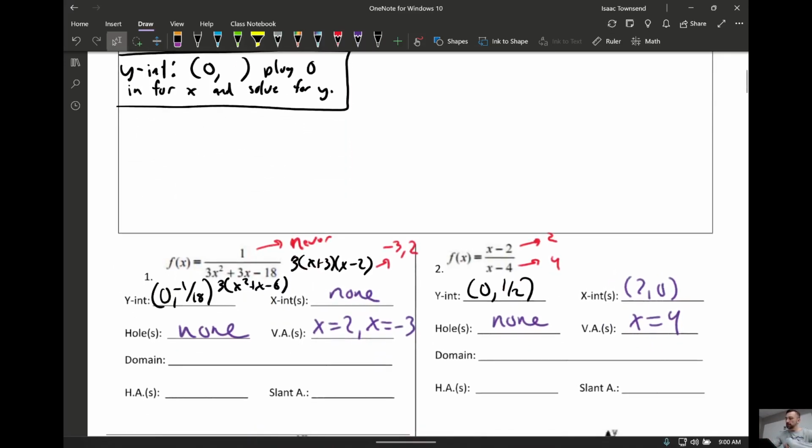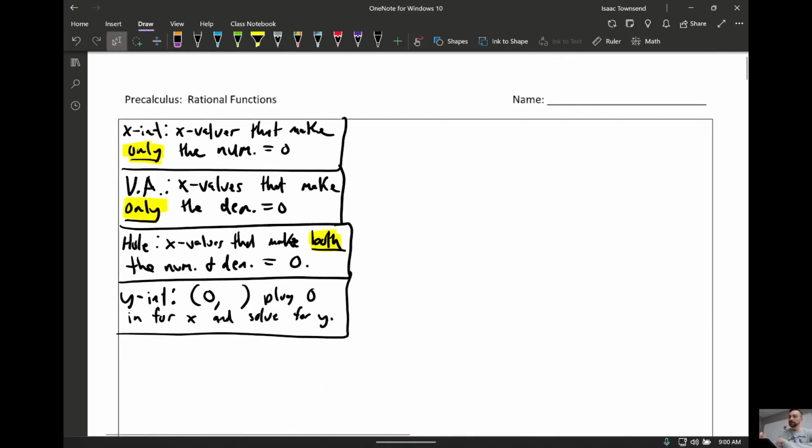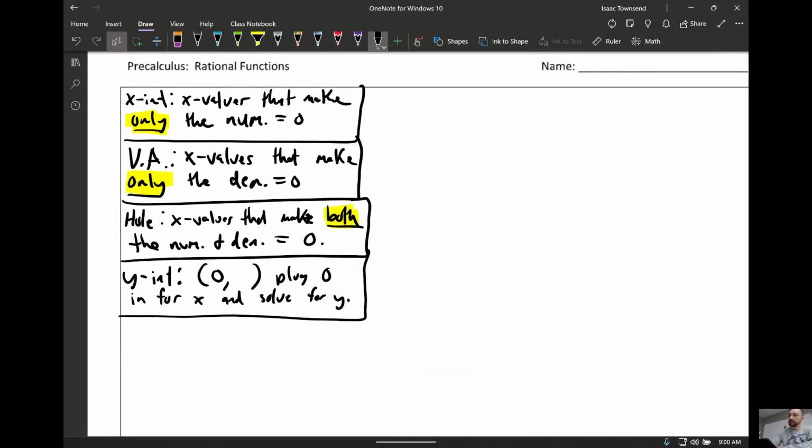Okay, next up, let's look at horizontal asymptotes. We actually reviewed this briefly during our limits unit because you need to understand horizontal asymptotes to do limits as x approaches infinity or negative infinity. But to do these, you need to compare the degrees of the numerator to the denominator.